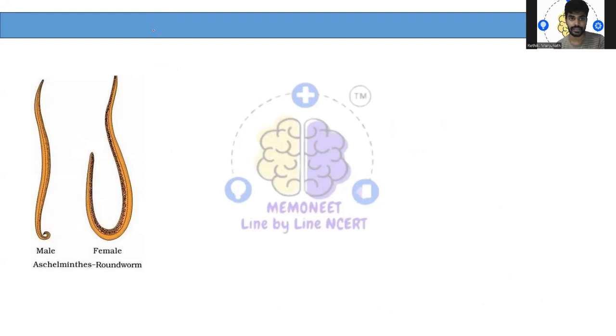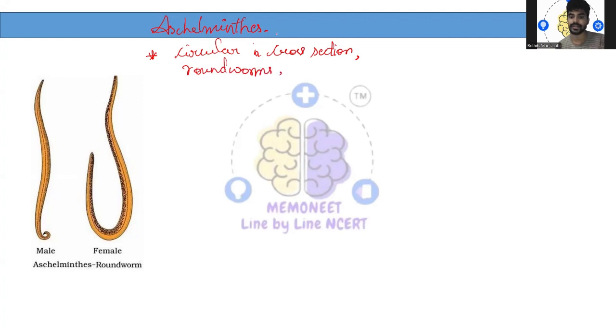So our next phylum is aschelminthes. So what do you mean by aschelminthes? See, the body of the aschelminthes is circular in cross section. Hence, they are also called roundworms, right?